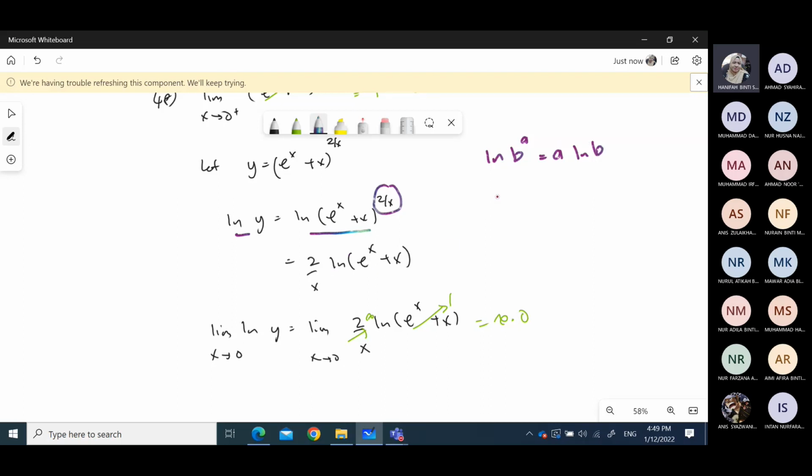That is why we need the natural log. When we apply natural log on the right, we must also apply it on the left. We just take natural log on the left hand side and right hand side.